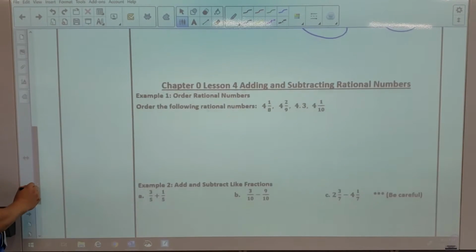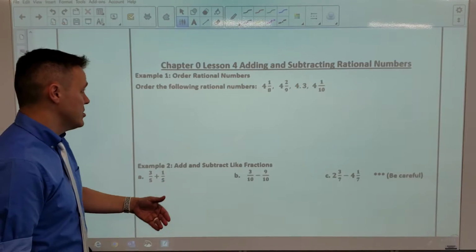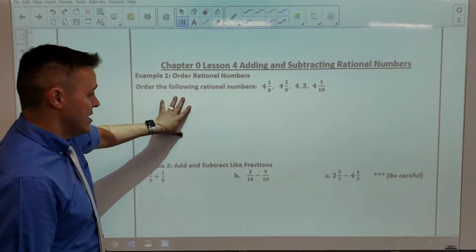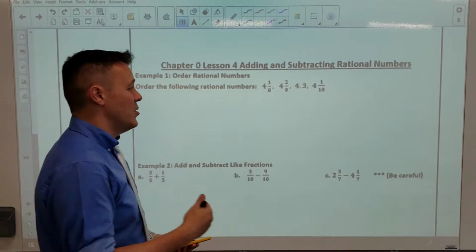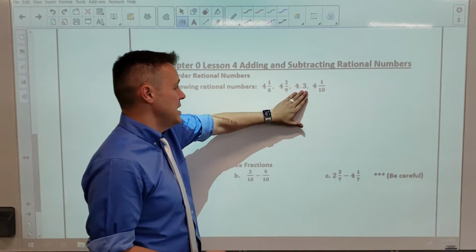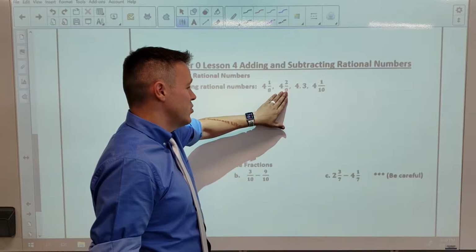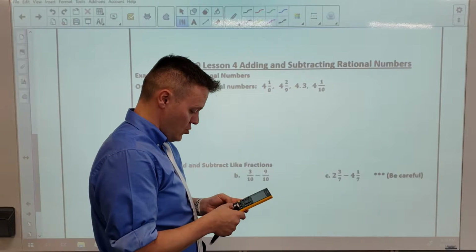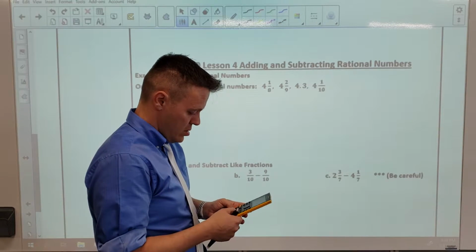Last but certainly not least with this lesson is adding and subtracting rational numbers. Order these first. If you need to convert these to fractions, go ahead. This technically would be 1 over, you could reduce that to, I think, 2.